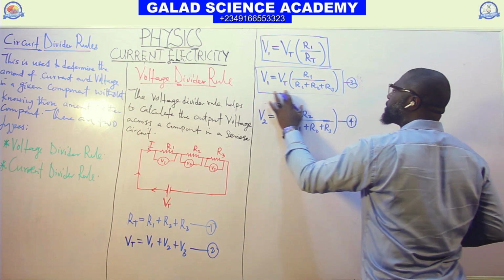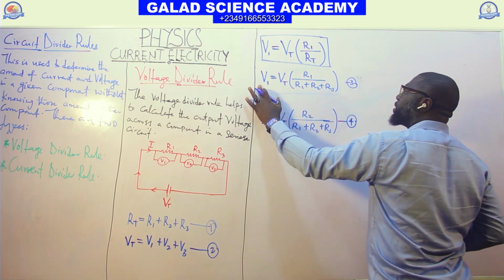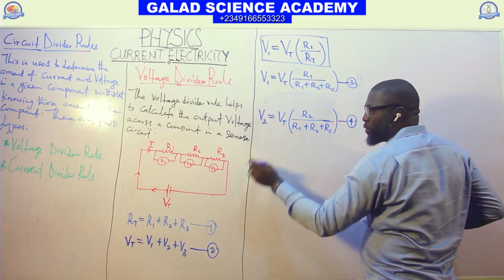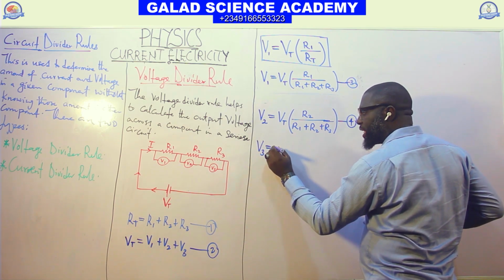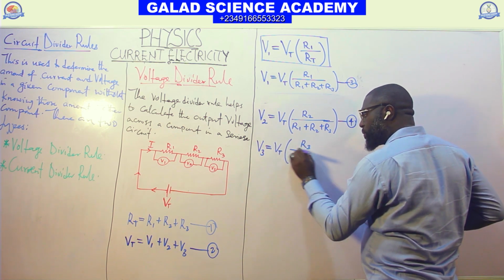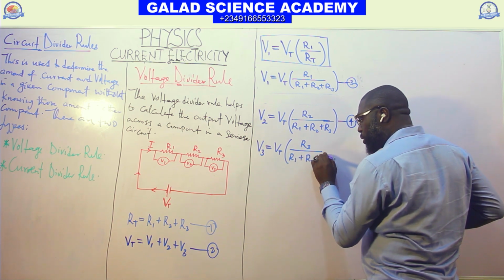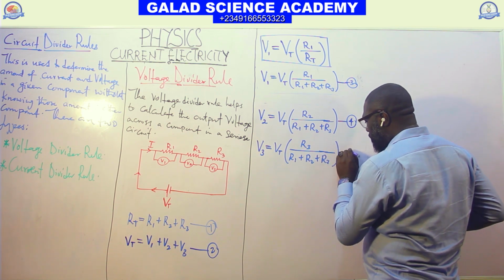For V3, the output voltage at R3 is V total times R3 over R1 plus R2 plus R3. This is equation 5.